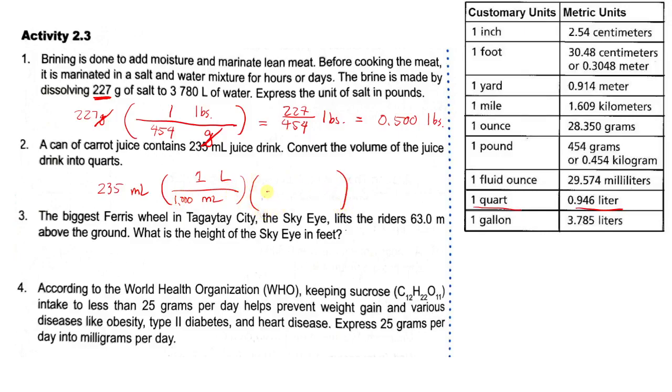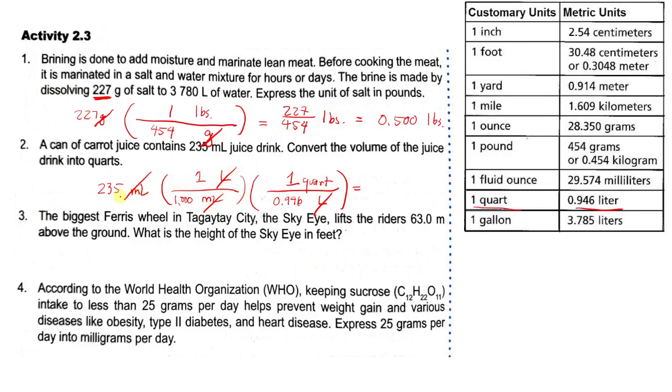Then from liters, now we can convert this to quarts. For the conversion, just look here. For every 1 quart, we have 0.946 liters. Then for the rest, we can cancel ml, then cancel liters. What's left is the quarts.